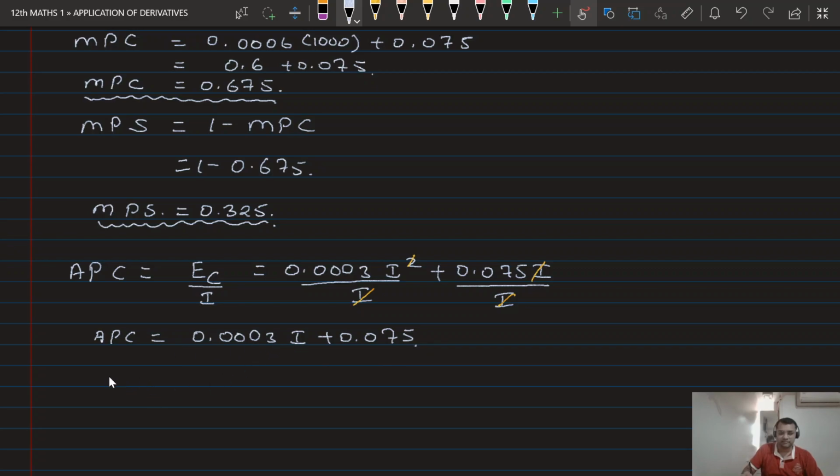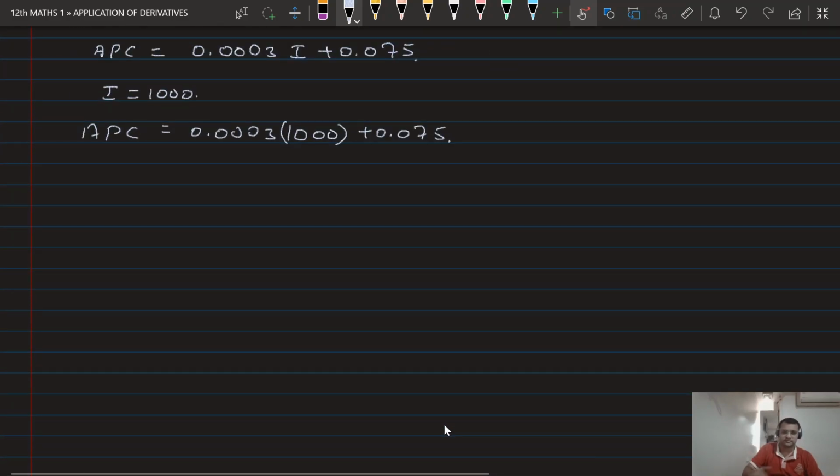Now because I am given that I is equal to 1000, substitute, and you are ready with your answer. 0.0003 into 1000 plus 0.075. So that is 0.375. I guess everybody is comfortable with this kind of calculation.